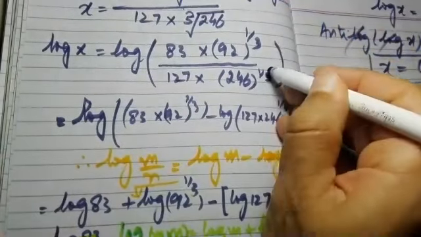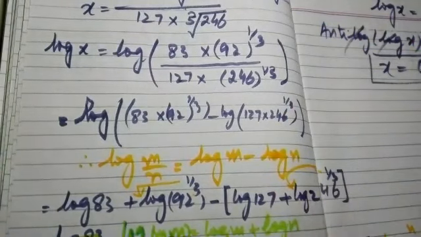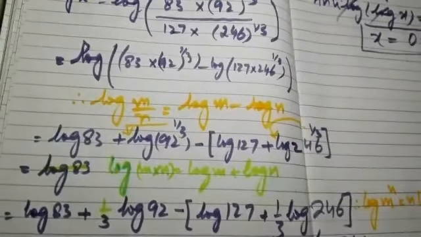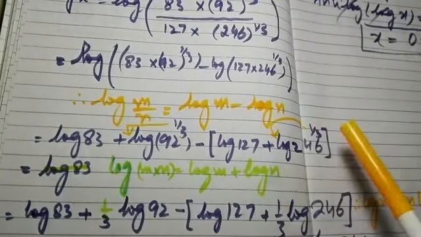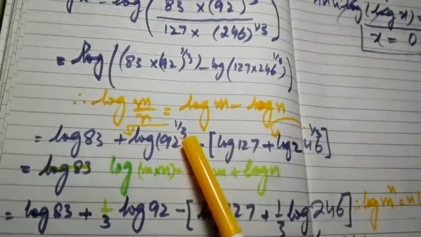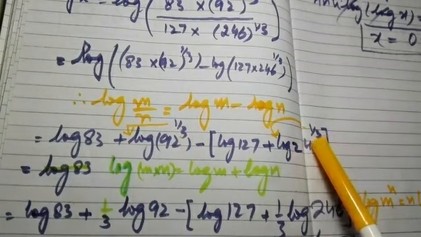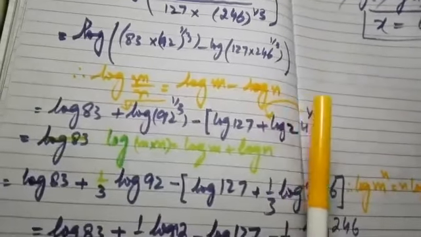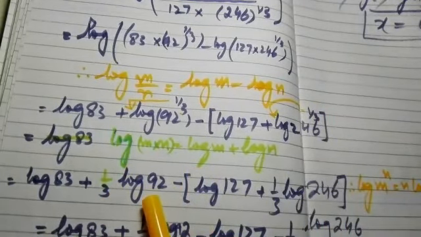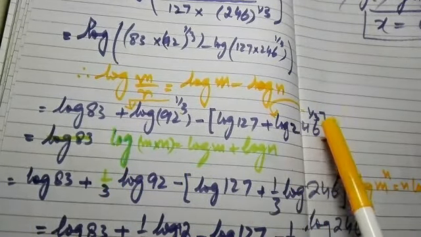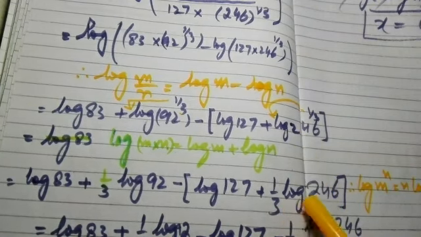So I would write 3 throughout the question. What I would like to do is change this 1 by 3 and this 1 by 3 into multiples of log. So I've shifted this 1 by 3 as a multiple of logarithm, and you can see that this will become 1 by 3 times log 92, and this 1 by 3 will become 1 by 3 times log 246.